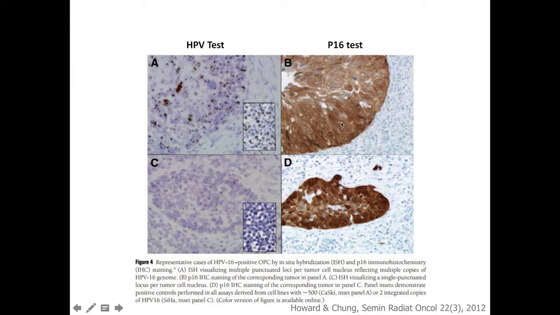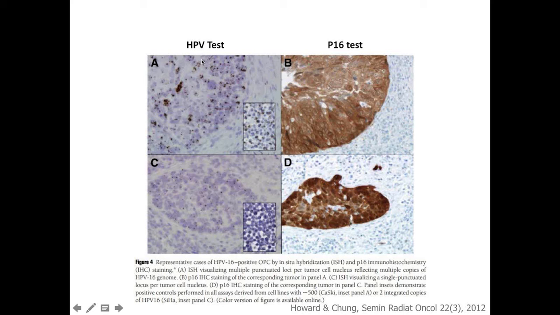And actually, they use a threshold. They want to see greater than 70% positive staining of the sample to call the cancer P16 positive. And by calling this P16 positive, it is inferred that the virus is active in and associated with your cancer.